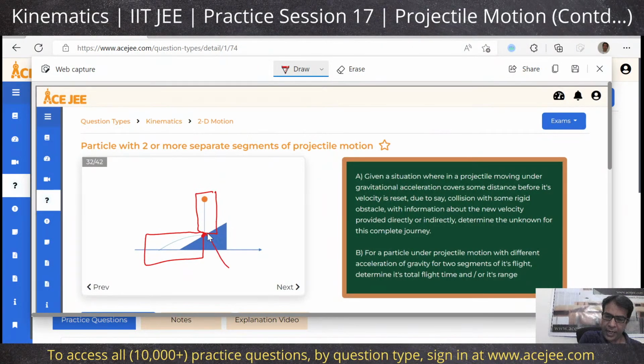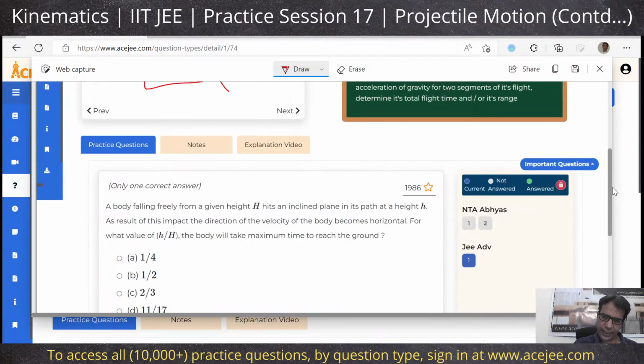And at this point, whatever we know about that interaction, we will use that to define our initial conditions, final conditions, right?